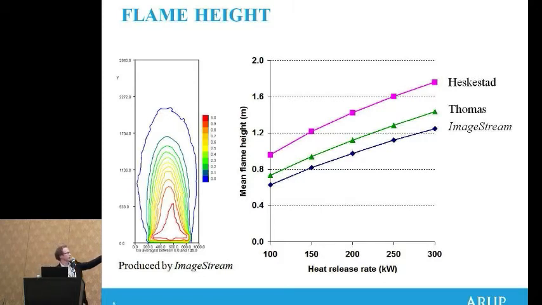So I could take the 0.5 contour, which is roughly in the middle here, determine the height of that, and that gives me the mean flame height from the experiments.